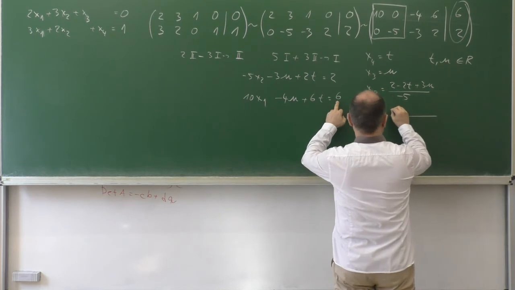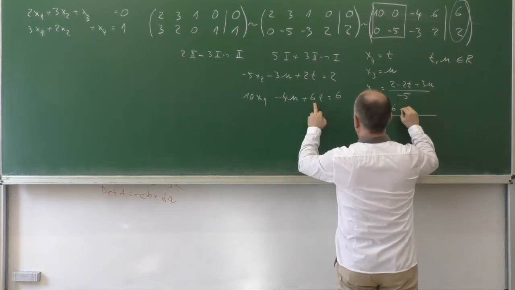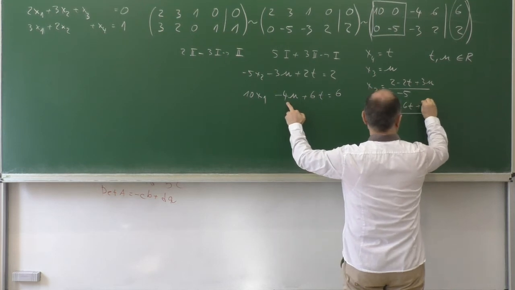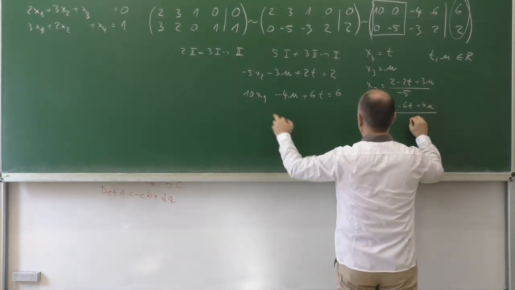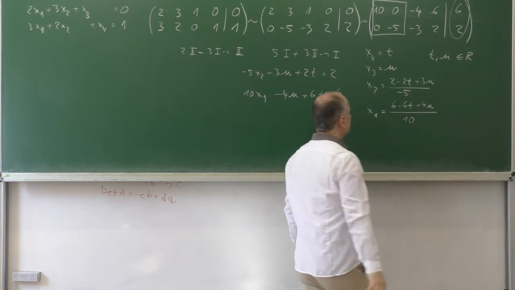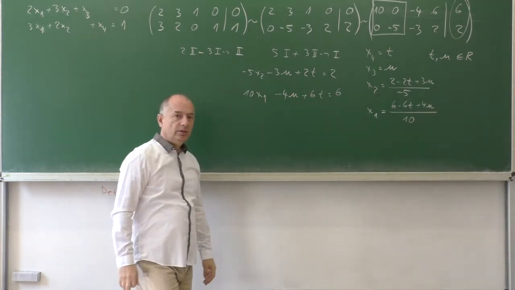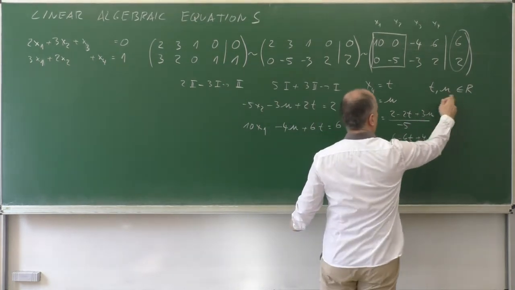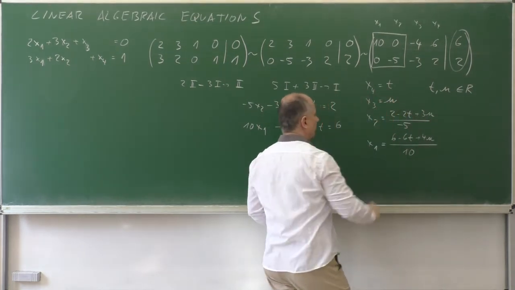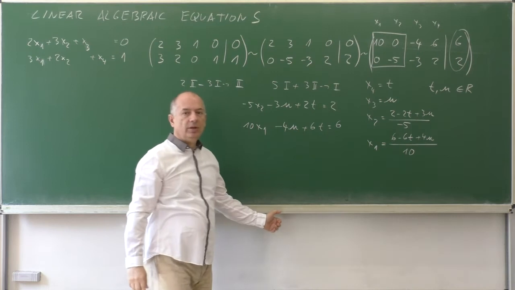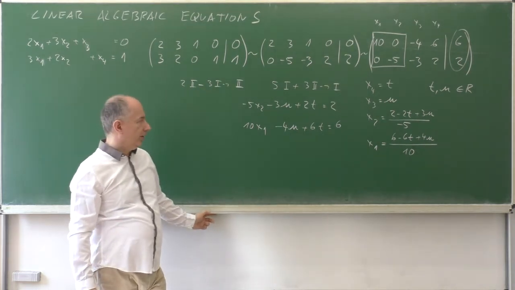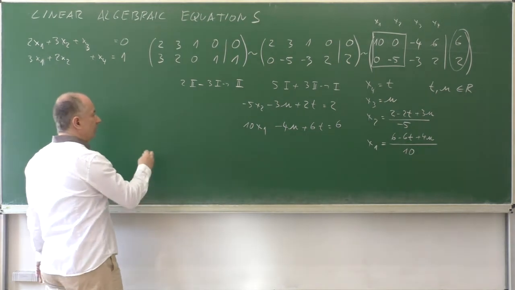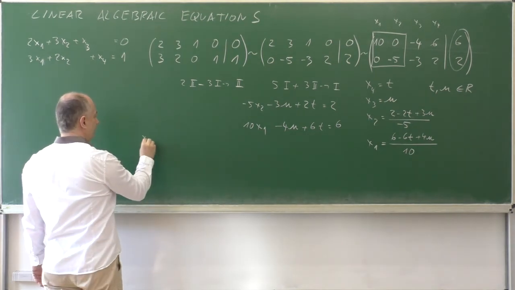So we have fraction 6 minus 6t plus 4u divided by 10. And this is the complete general solution. t and u may be any real numbers, and then x1, x2, x3, x4 are given by these four expressions. These two unknowns can be written as a vector.